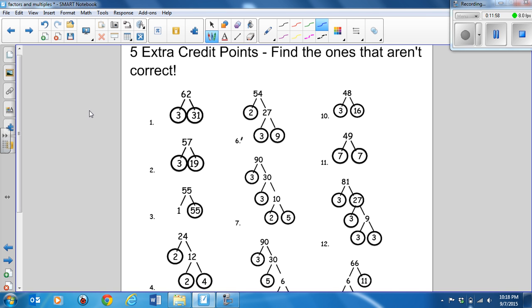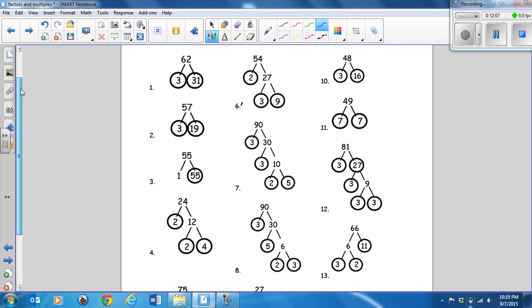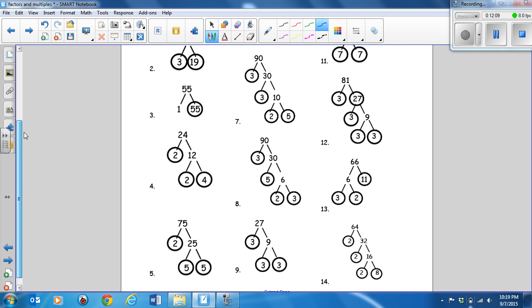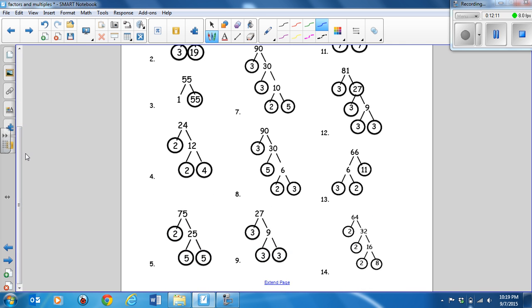That's just one example. So I'm going to leave it like this for a moment so that you can pause the video and work on these. And I'm going to scroll down a little bit so you can do the rest of these. Okay, again, pause the video if you'd like to work on the lower ones.